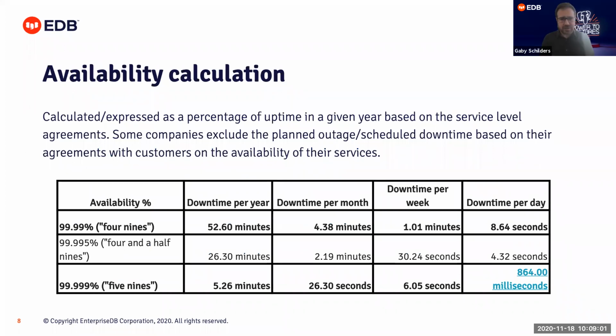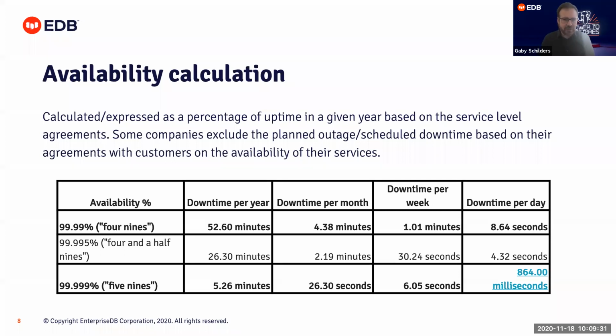And if you look at the availability as a calculated percentage of the amount of time that a system is up and down, available versus unavailable, then you come to a measurement that many of you probably have heard of, which is the measurement in the amount of nines. And the amount of nines is a description of the percentage of availability of the application.